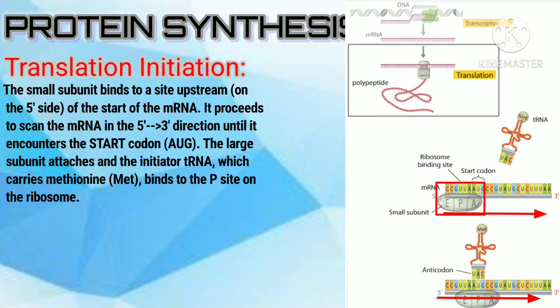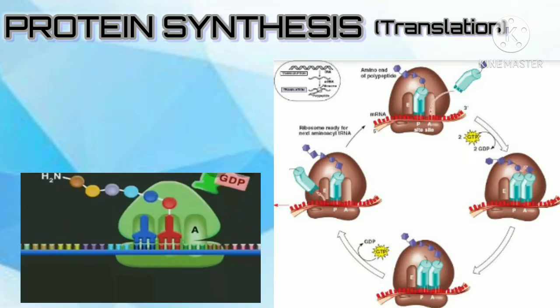Remember that AUG is the start codon, and it marks the start of the synthesis. The large subunit attaches to the initiator tRNA, which carries methionine, and binds to the P site on the ribosome.